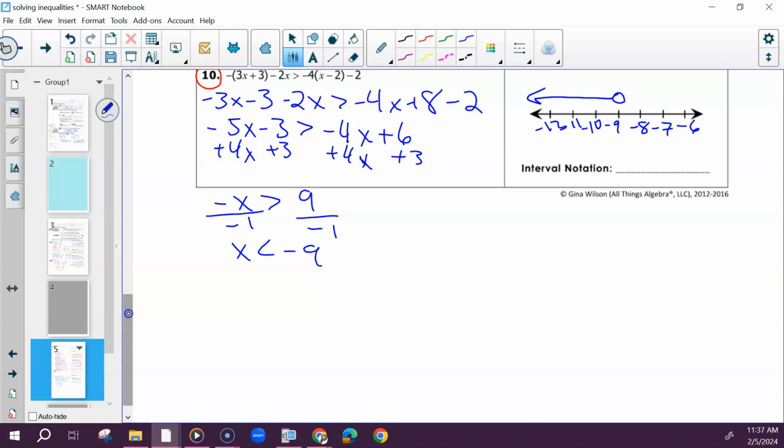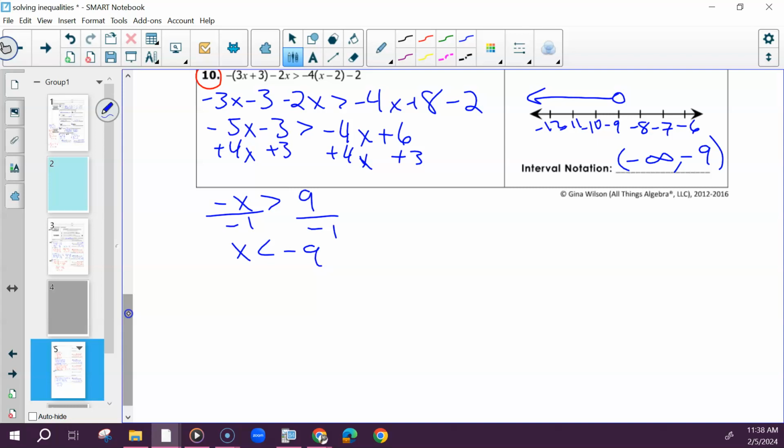How would we write that interval notation? Parentheses, negative infinity. So if I were to ask you, give me a solution that would work for this, it would be any number less than negative 9. A decimal, a fraction, a whole number, it doesn't matter. As long as you could pick something less than negative 9, that would work.